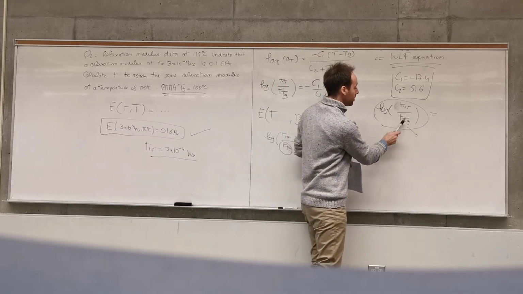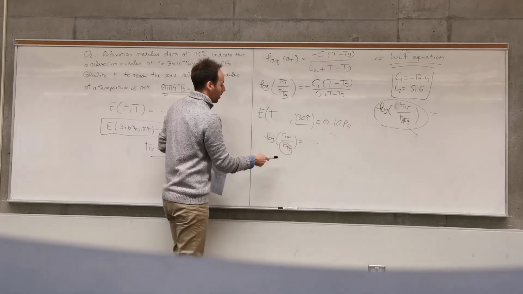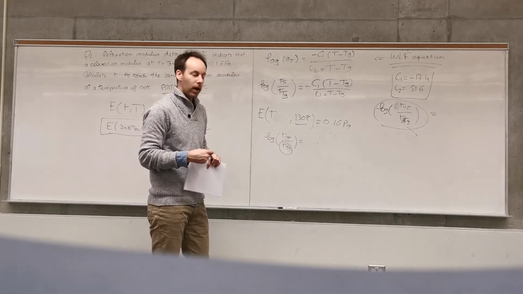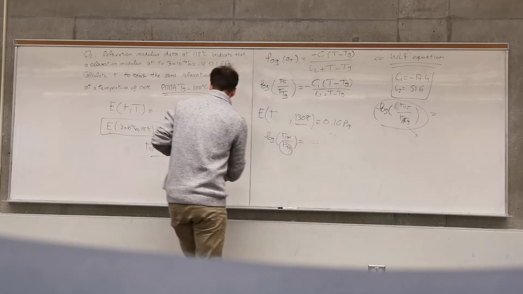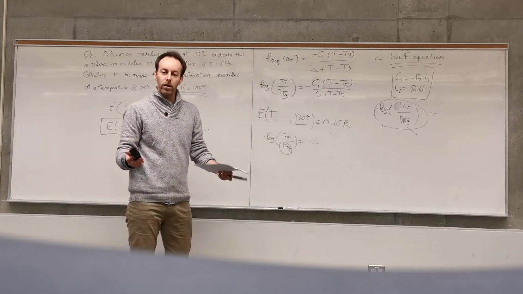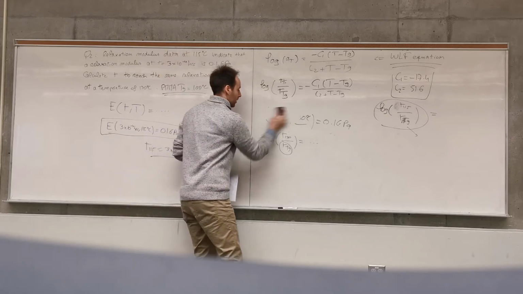So if we calculate this, we can now get here and calculate this. Okay? So I'm going to erase this information, and we are going to start with the solving of the problem.